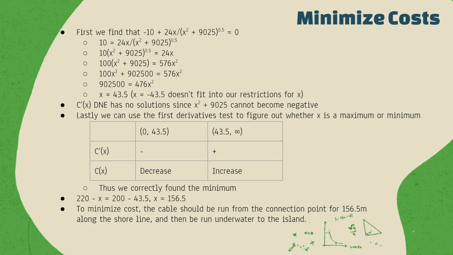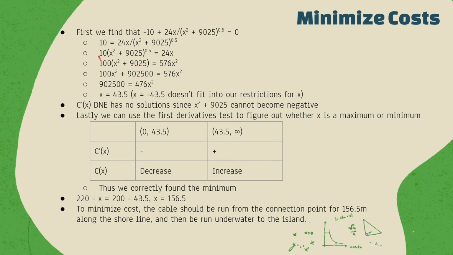So nothing's stopping us from squaring both sides. You must remember, when you're squaring everything, you really need to square everything. So this 10 is no longer 10, it is now 100. This loses its 0.5 because it became 1, and this, instead of 24x squared, it became 576x squared.